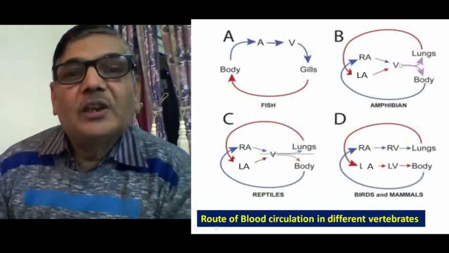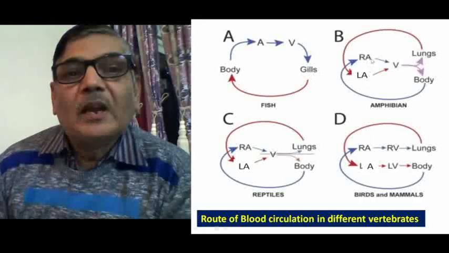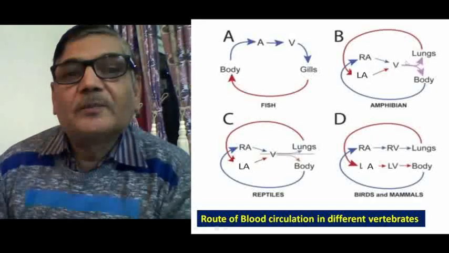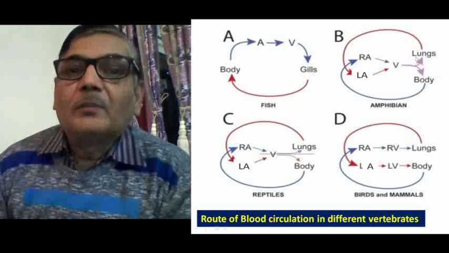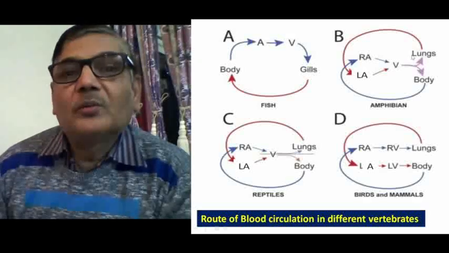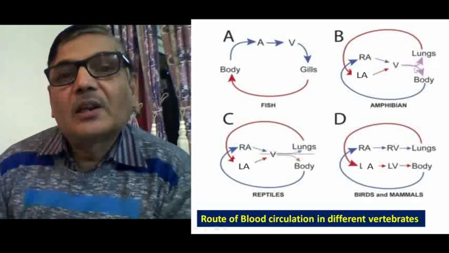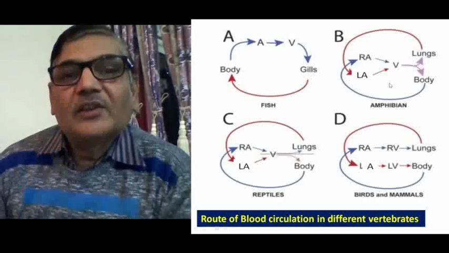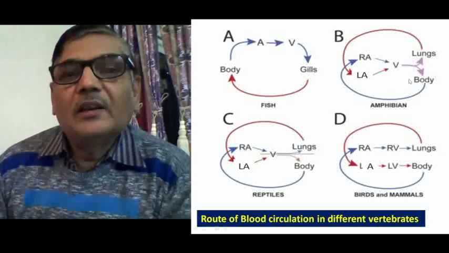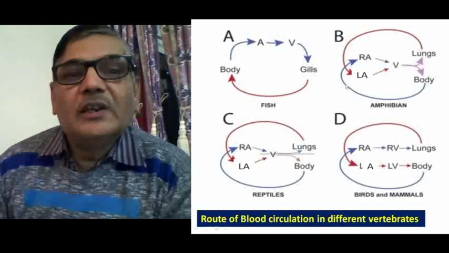So this ventricle receives mixed blood, that is oxygenated as well as deoxygenated. And this mixed blood is then pumped to the lungs for further oxygen intake, and it is also pumped to different parts of the body. Now, since amphibians are sluggish animals, they can utilize this mixed blood for their physiological need.